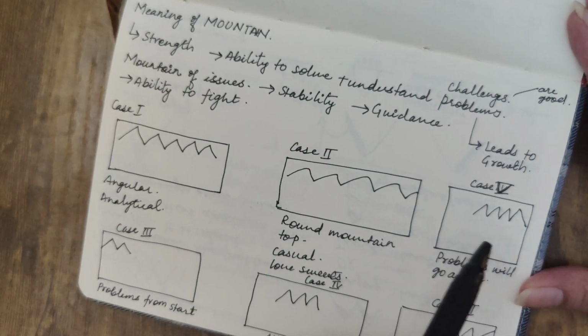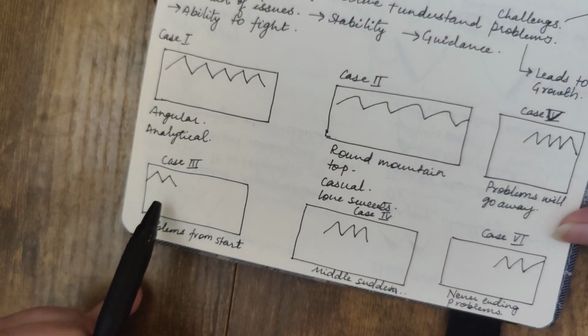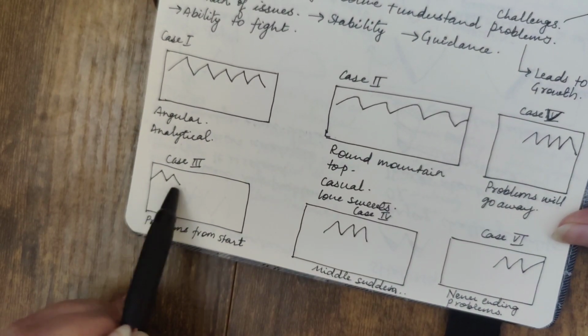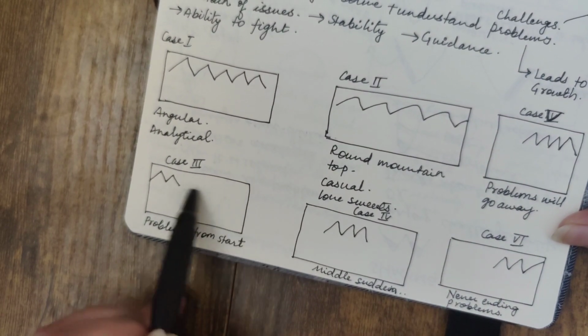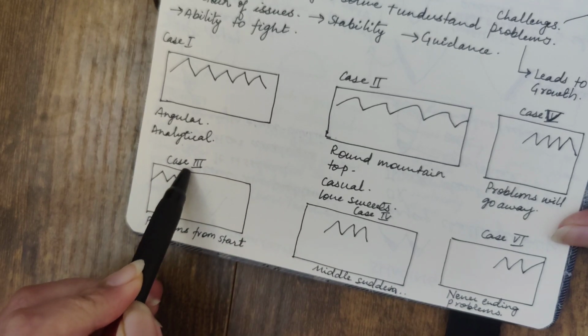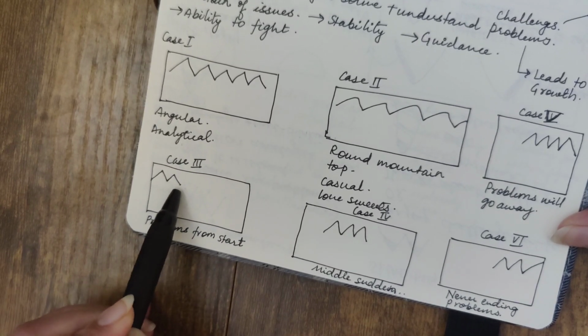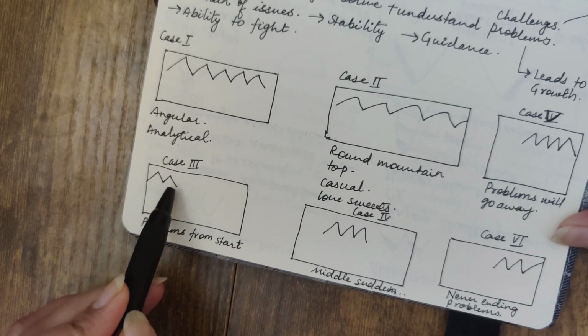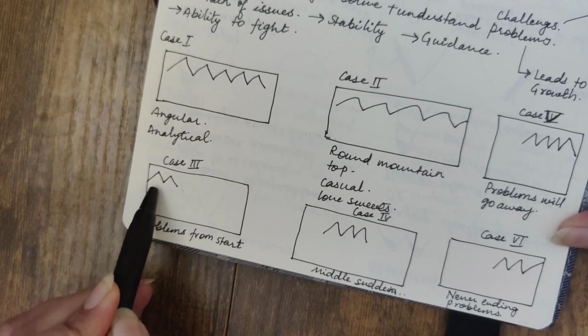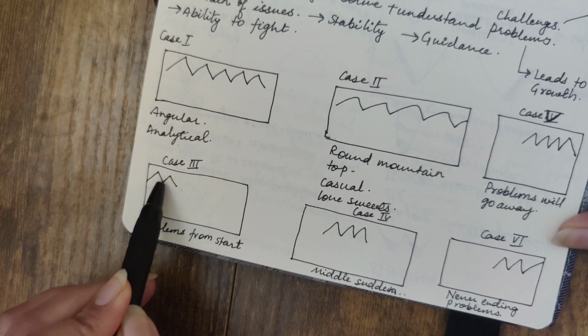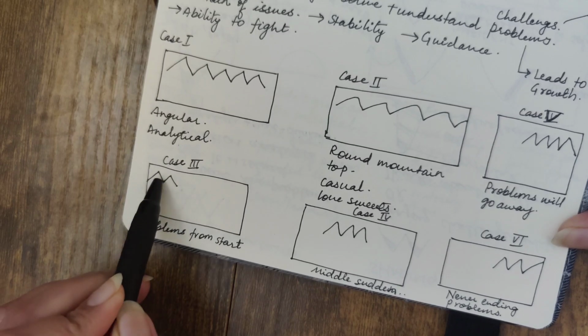And again, if the mountains start from here but then don't go towards the end, that means in their past, because remember this is past, they had problems, and they tried to solve them analytically because of the pointed top.